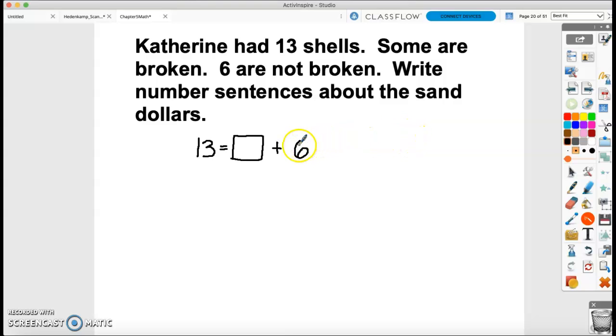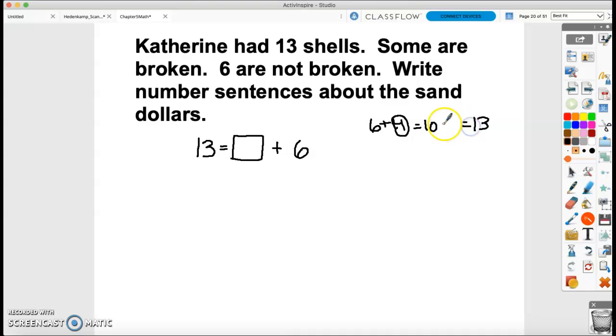So if I have 6, I can do the same thing that we just did. I have 6, and I'm going to try to get to 13 altogether. So I know, but I'm going to get to 10 first. 6 plus 4 equals 10. So now I need to get to 13.